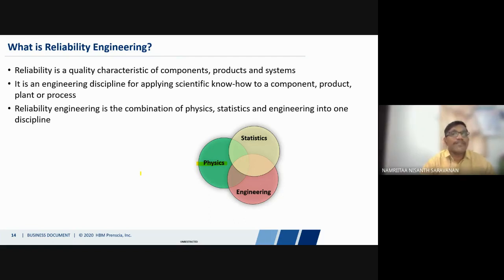So corrosion is not a one-day phenomenon. It takes time. That means it is an aging-based behavior. So corrosion is a behavior in nature. It's a physics of failure. Wear out is the physics of failure. Fracture is the physics of failure. Okay. Crack is the physics of failure. So this is what I mean by physics.